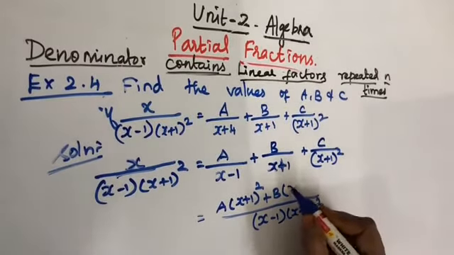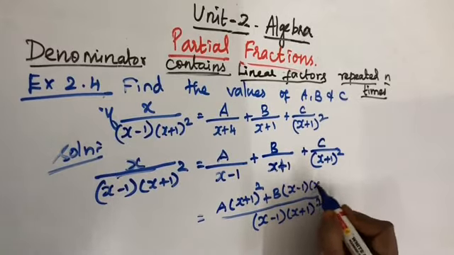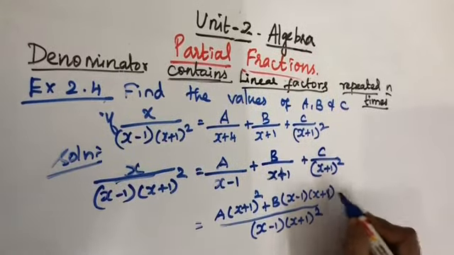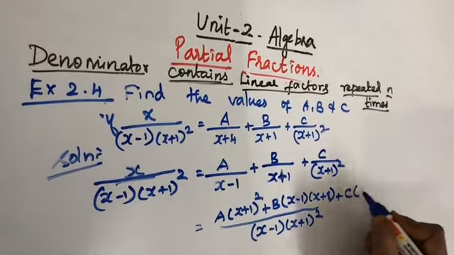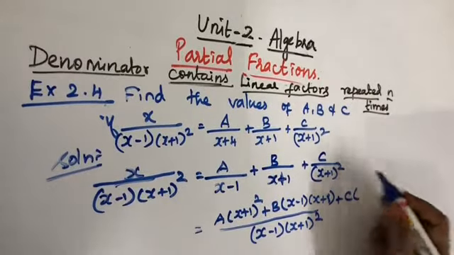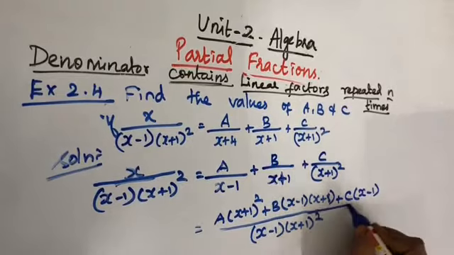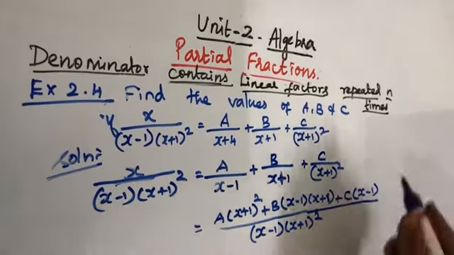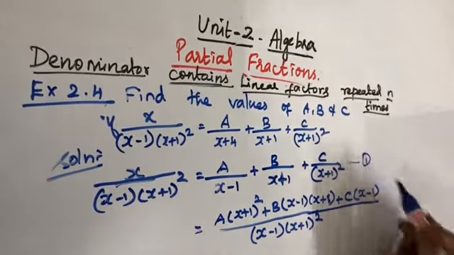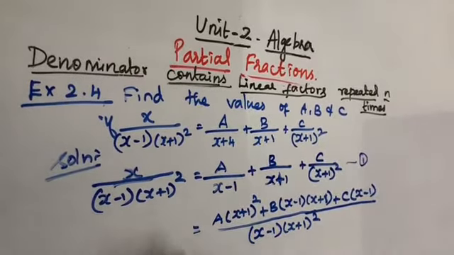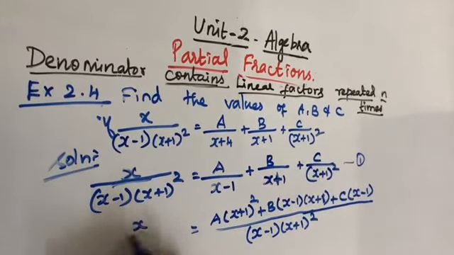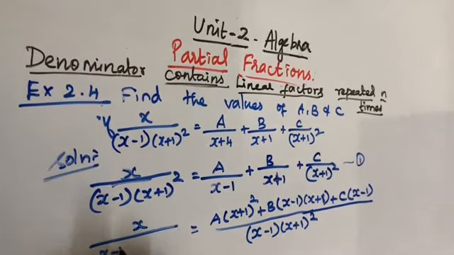So x minus 1 into x plus 1 plus c into x minus 1. Already x plus 1 the whole square is there, so c into x minus 1. This is our equation 1. Now, here on the left, x divided by x minus 1 into x plus 1 the whole square.